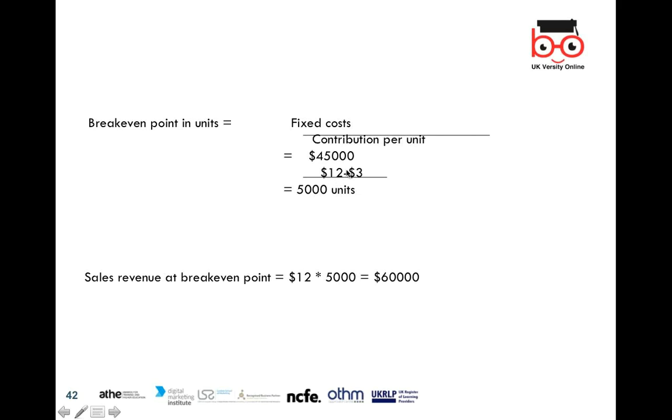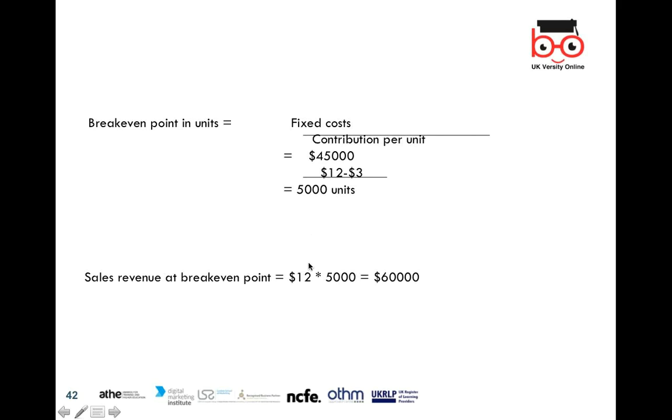So we need to know our selling price and the variable cost per unit. That's our contribution per unit, and then we need to know the fixed cost. Then we can calculate our break-even point in units.